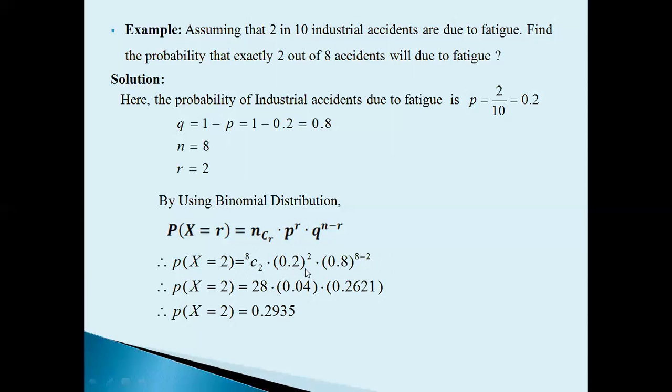Simplifying, 8C2 is equal to 28, 0.2 square is 0.04, and 0.8 raised to 8 minus 2 is equal to 0.2621. Taking the multiplication of these three terms, we get 0.2935. That is the probability that exactly 2 out of 8 accidents will be due to fatigue: 0.2935. That is the final answer.